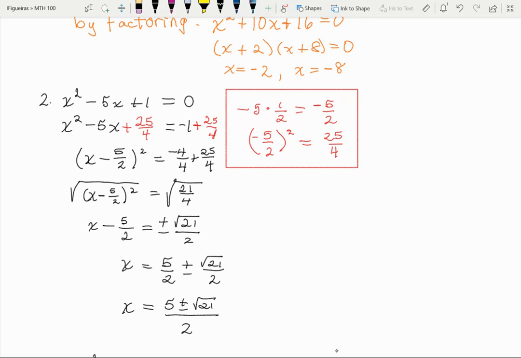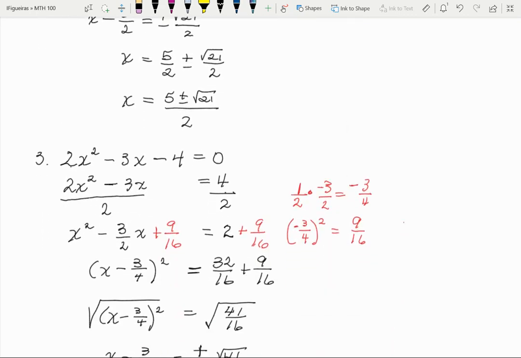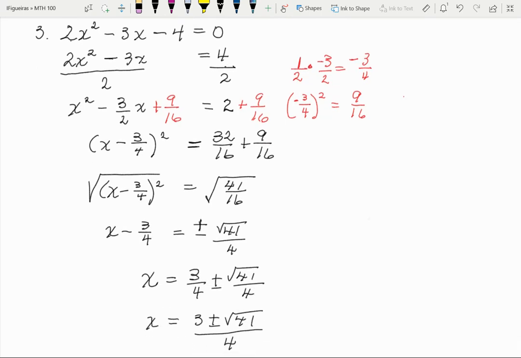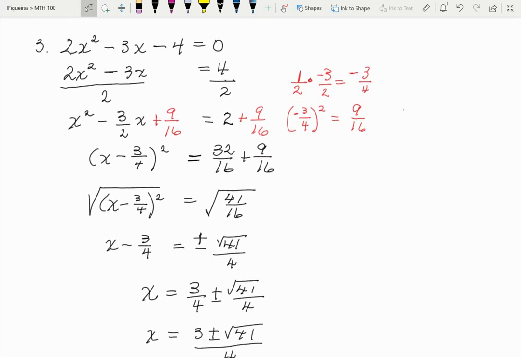Okay, so let's move on to another example. We have 2x squared minus 3x minus 4 equals 0. Same idea, we need to move the 4 over to the right side, so we add it. We have 2x squared minus 3x equals 4. But at the beginning of this lesson, I told you that the leading coefficient, or the coefficient of x squared, must be 1.